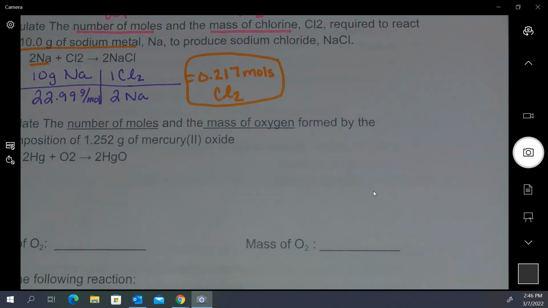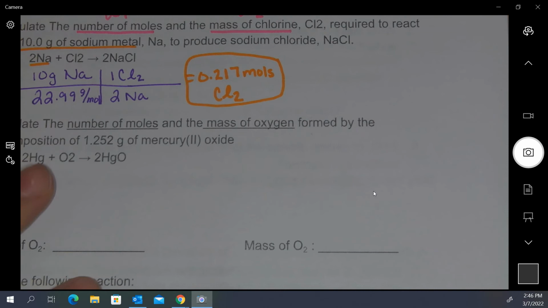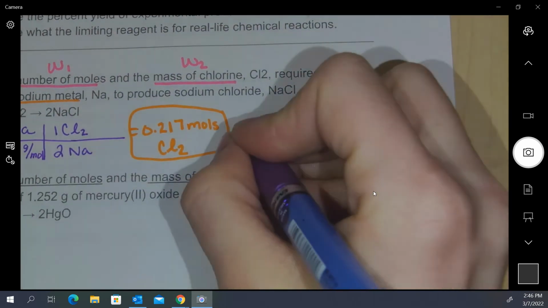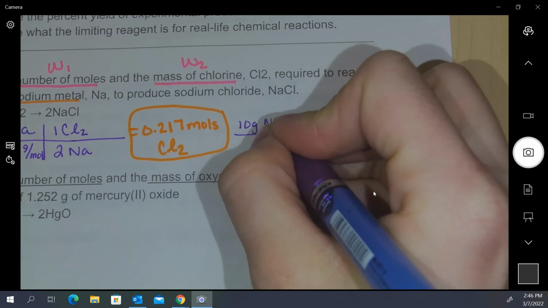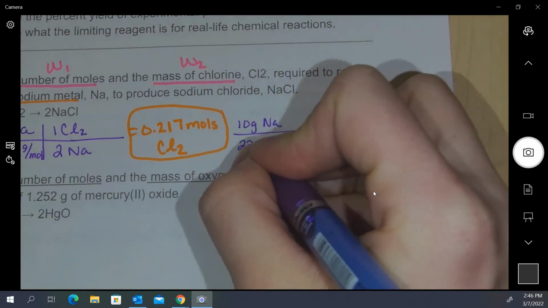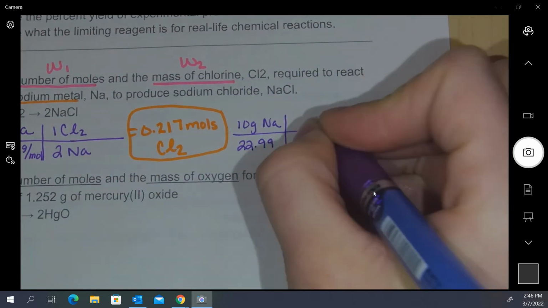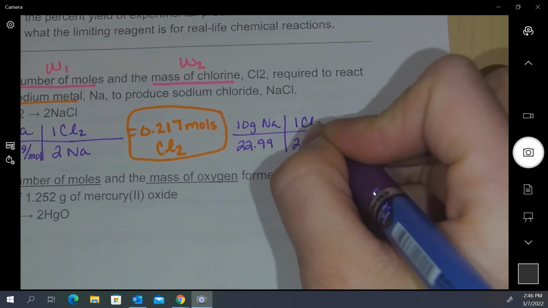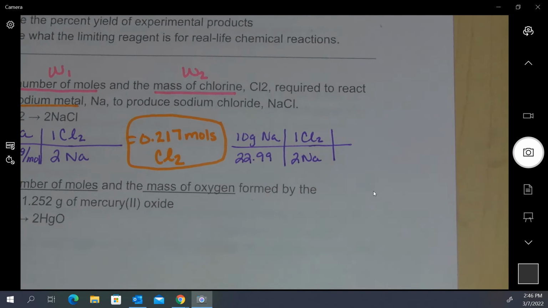The question also asked for the mass of chlorine. So all we need to do to solve for the mass of chlorine is we're going to keep our same train tracks. 10 grams of sodium over the molar mass of sodium times our mole ratio. But this time we want grams, and we want grams of Cl2.